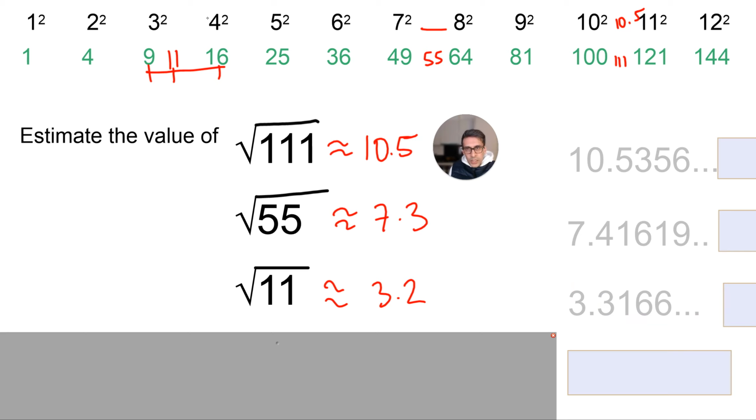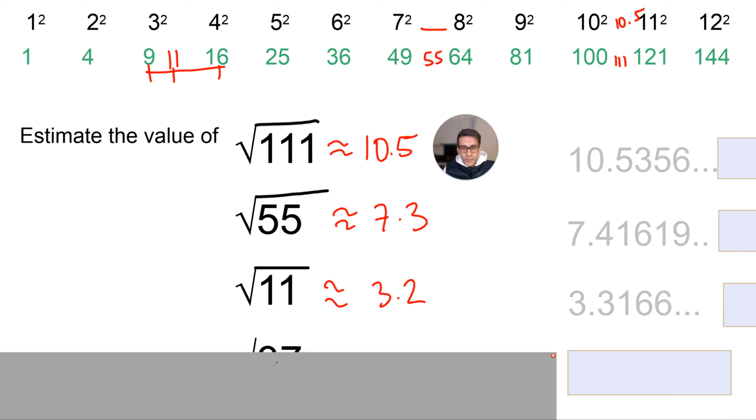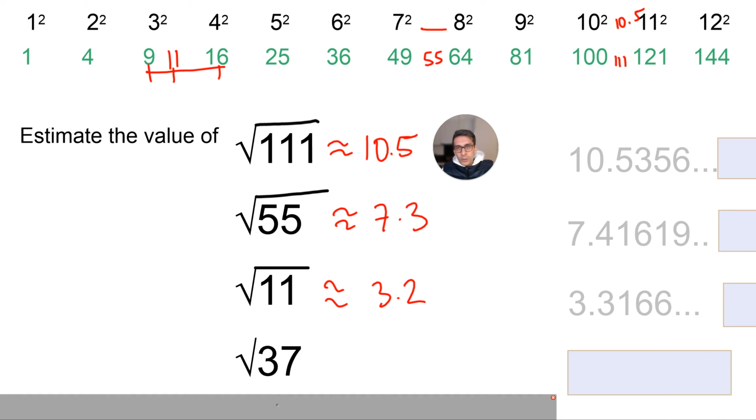So again, good estimation. Hopefully you're also having a go at this, not just watching the video without trying the work. So here, the square root of 37, the last one for you to practice here. What is the estimate for the square root of 37? So let's have a look here. 37.